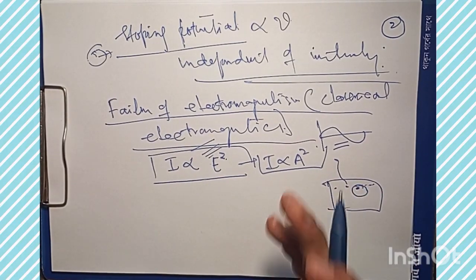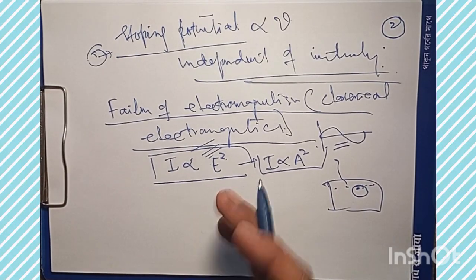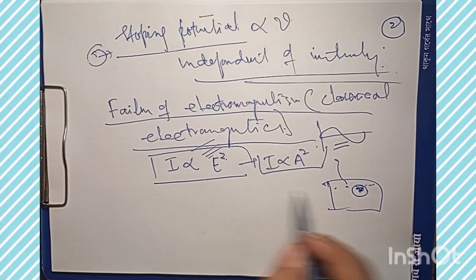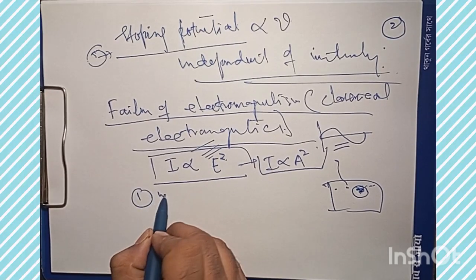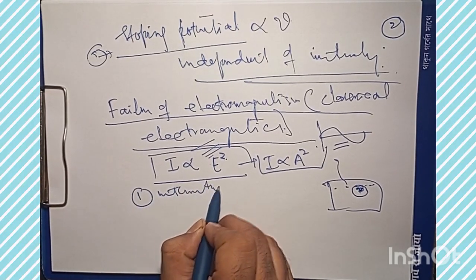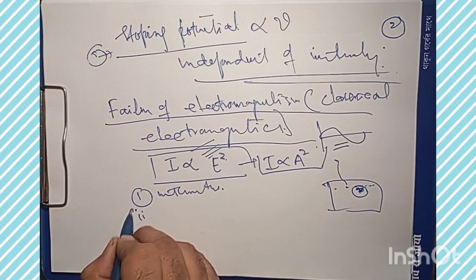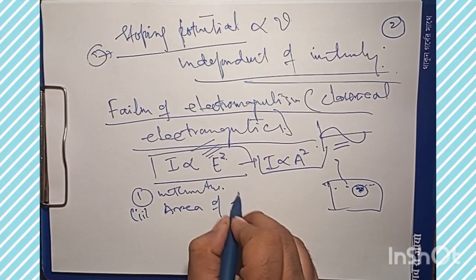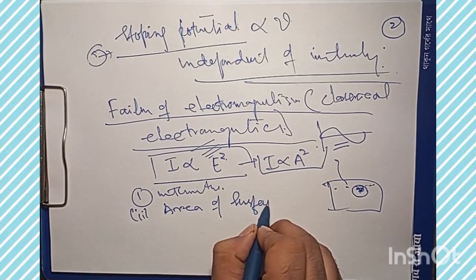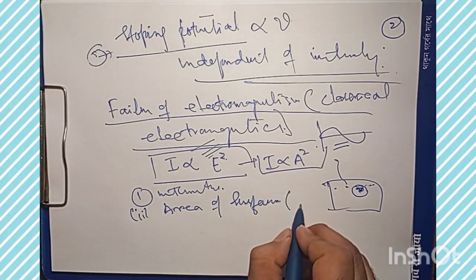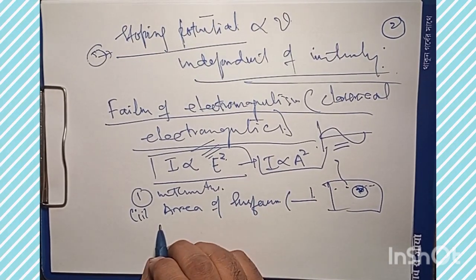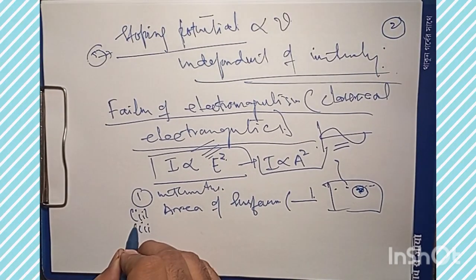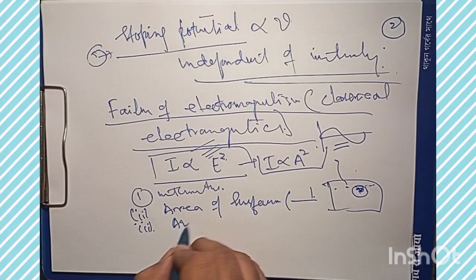The electromagnetic energy that's gained by this electron depends on intensity. It depends on the area of surface over which this light is falling, and it depends on the exposure, the area of exposure.